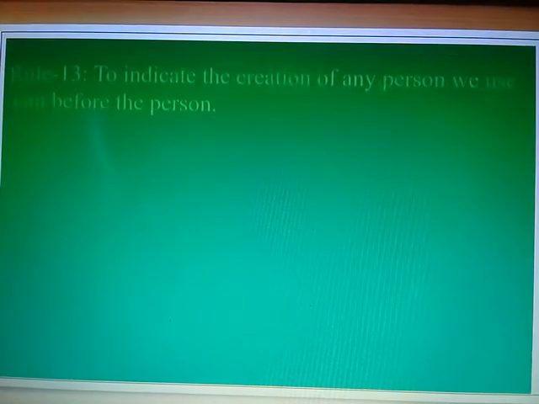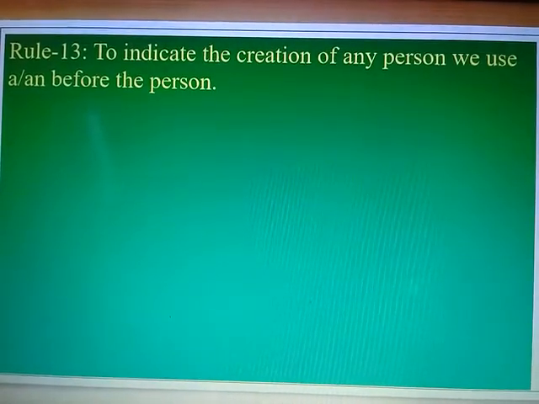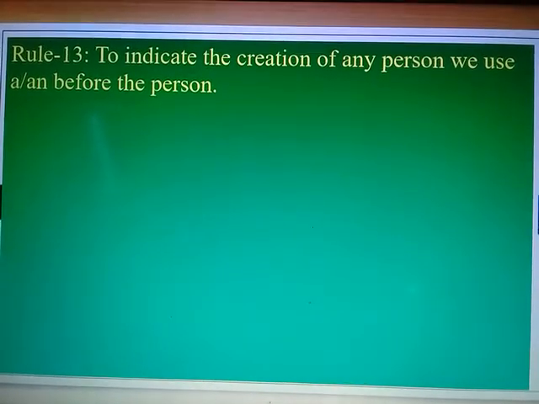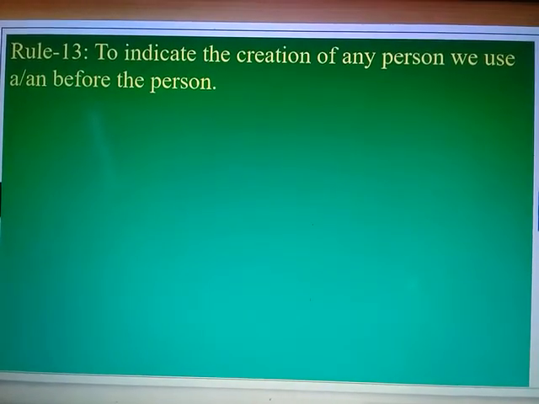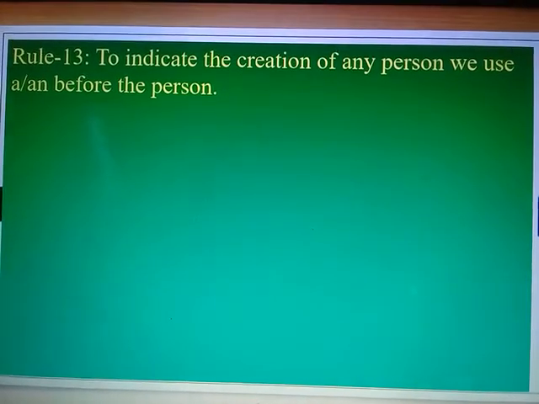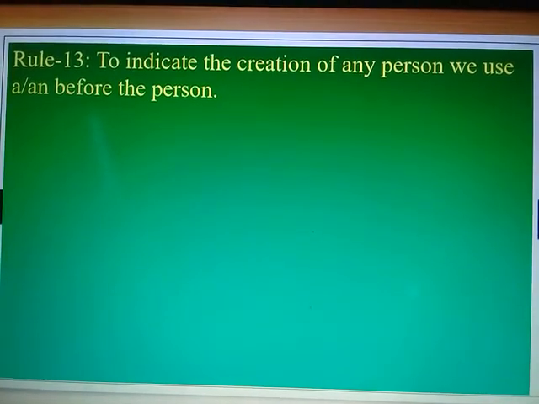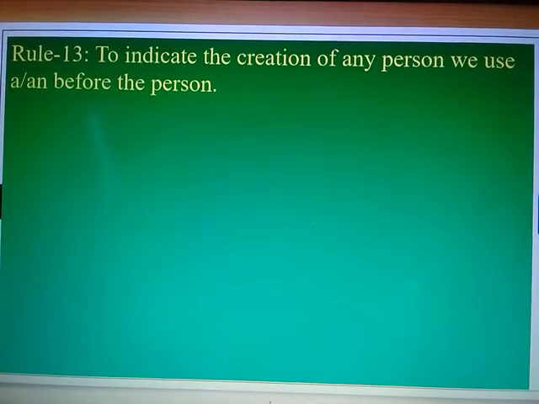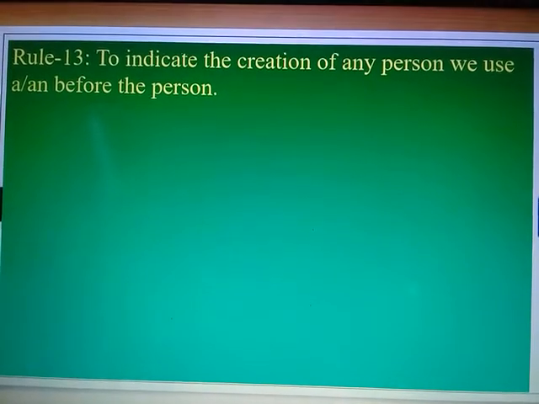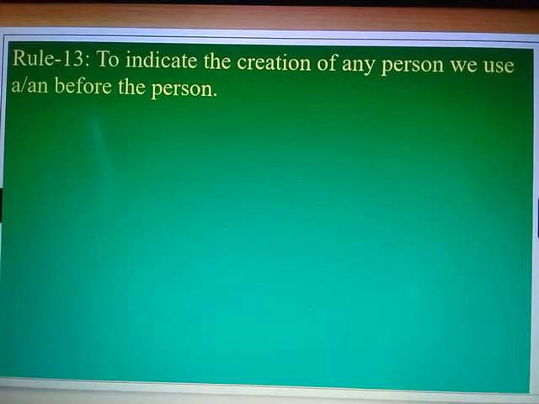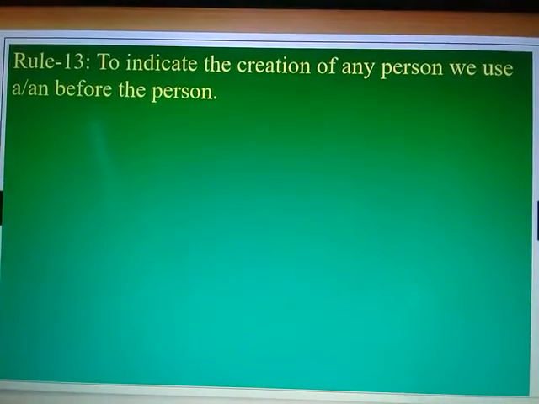I'm moving to the next rule. Rule number 13. To indicate the creation or writing of any person, we use a or an before the person. That means you are reading a book of Shakespeare, Rabindranath Tagore, or Charles Dickens.